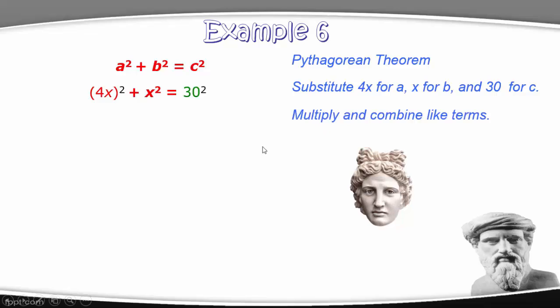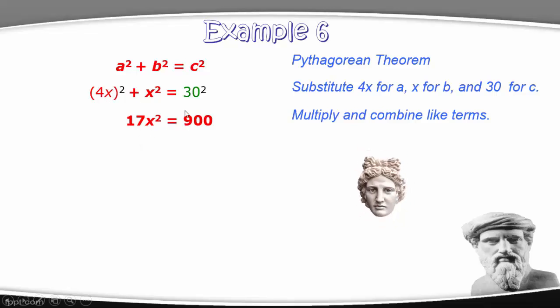We multiply and combine like terms. We end up with 16x squared plus x squared gives us 17x squared, and 30 squared gives us 900. Now we continue on, and we have x squared is 900 over 17.